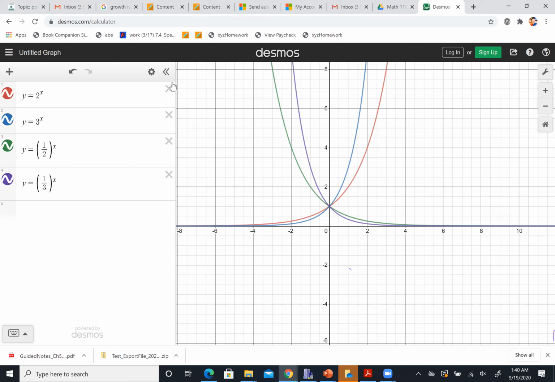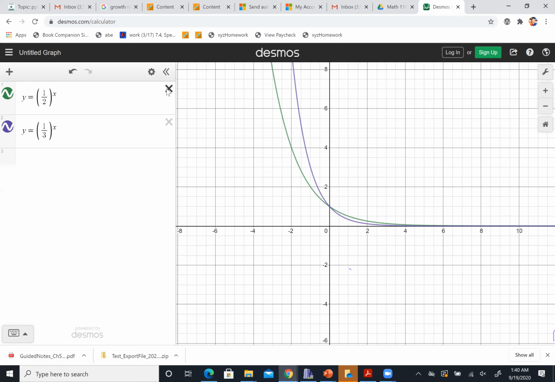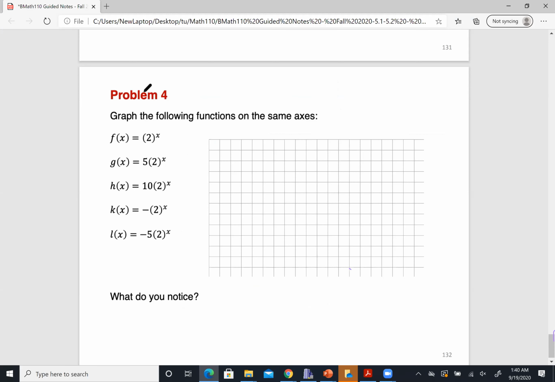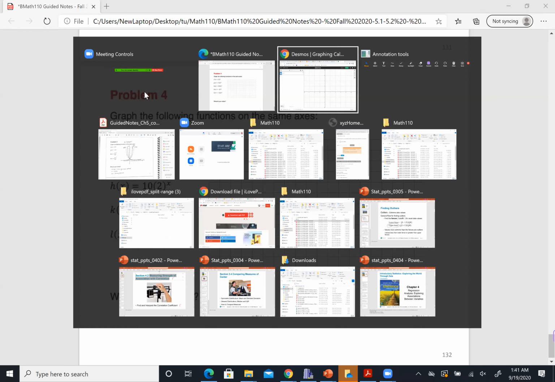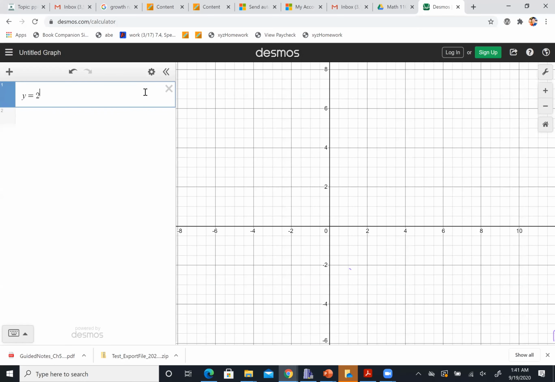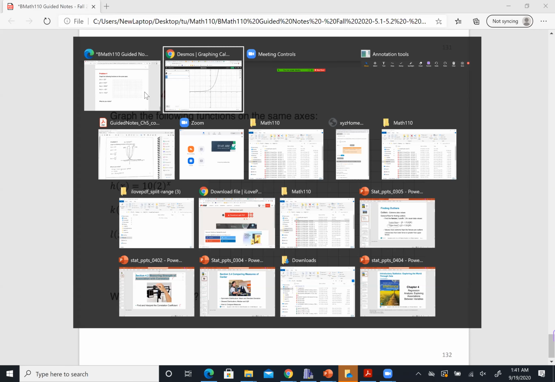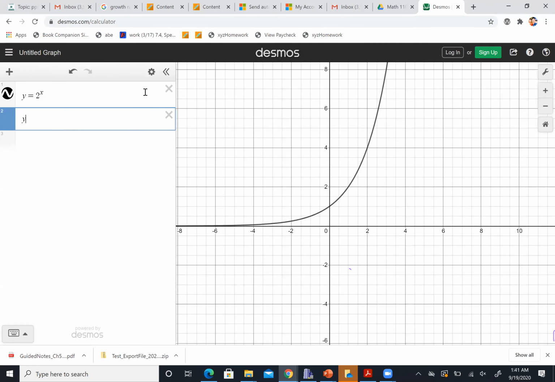Let me clean all this. So first I have 2^x, 2 to the power x. Second, what do we have? y equal to 5 times 2^x.